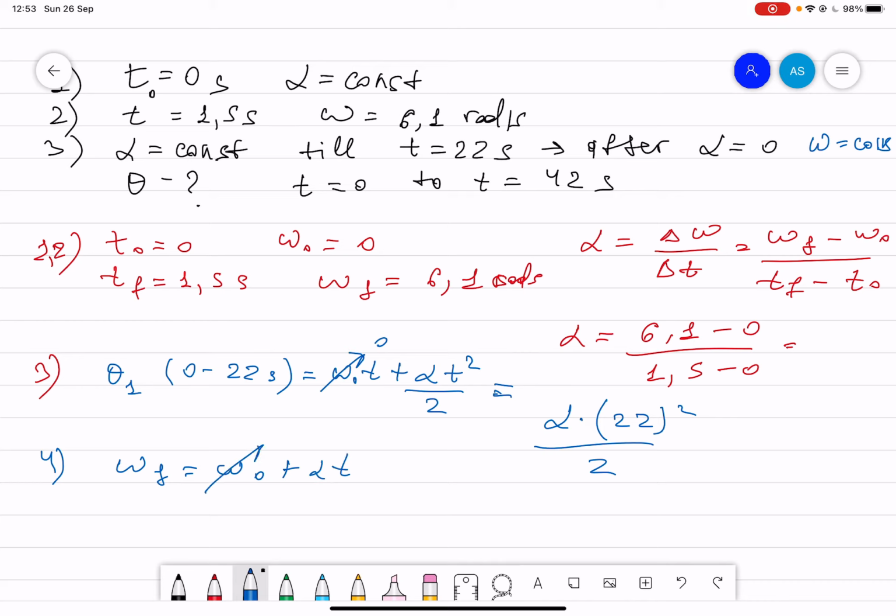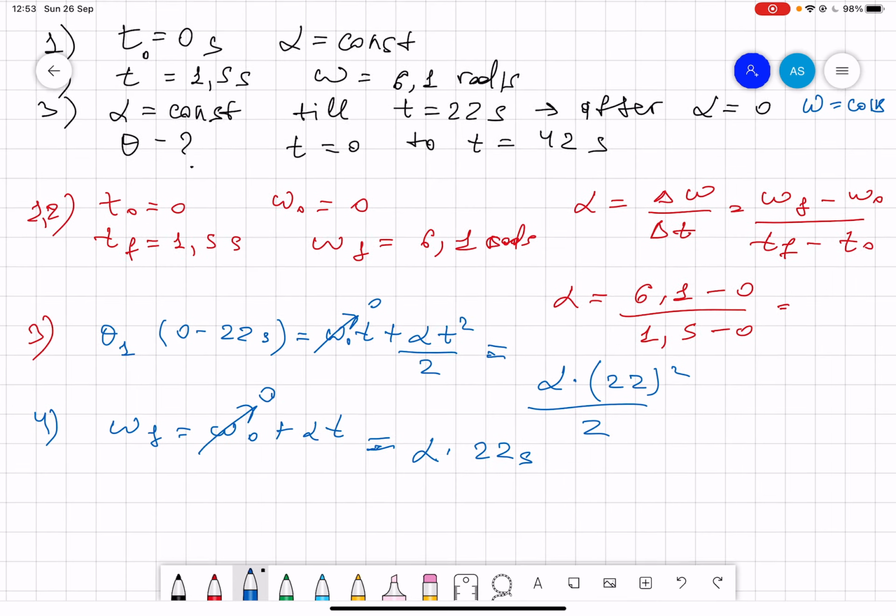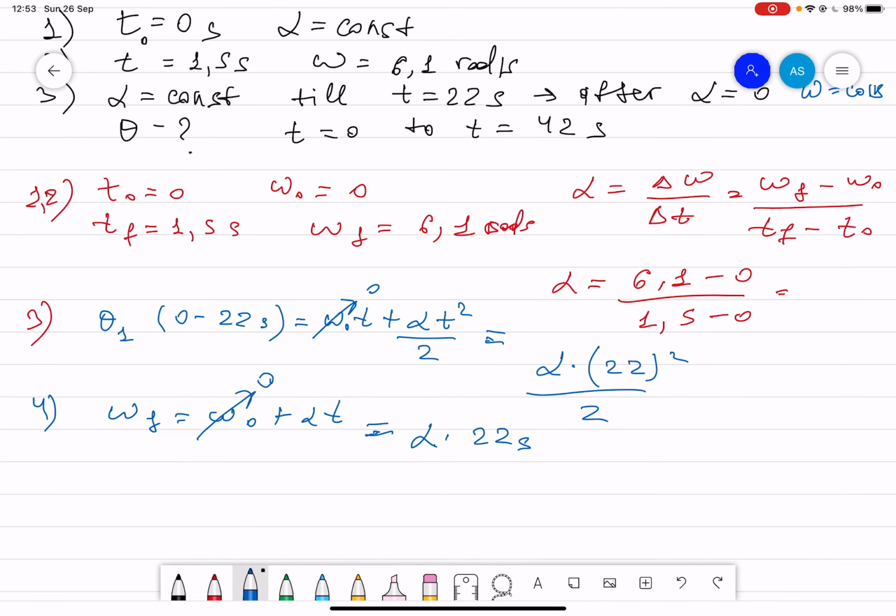Of course, omega initial is 0. The alpha, again, you have to calculate, and time here is 22 seconds. If you do the calculation, you will find omega final. The calculation you have to do yourself.